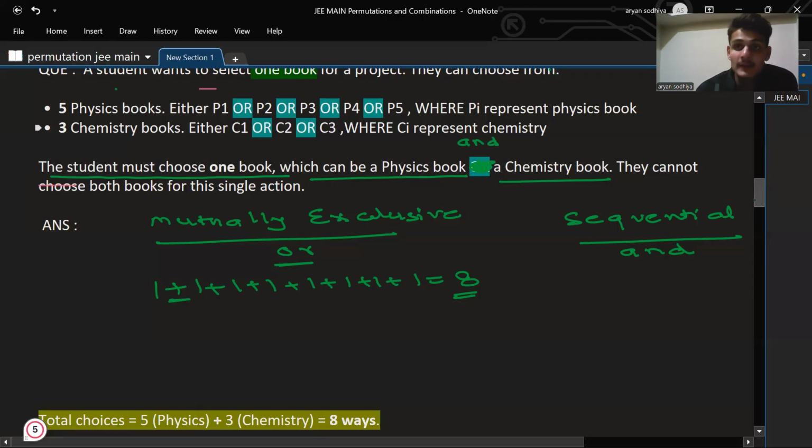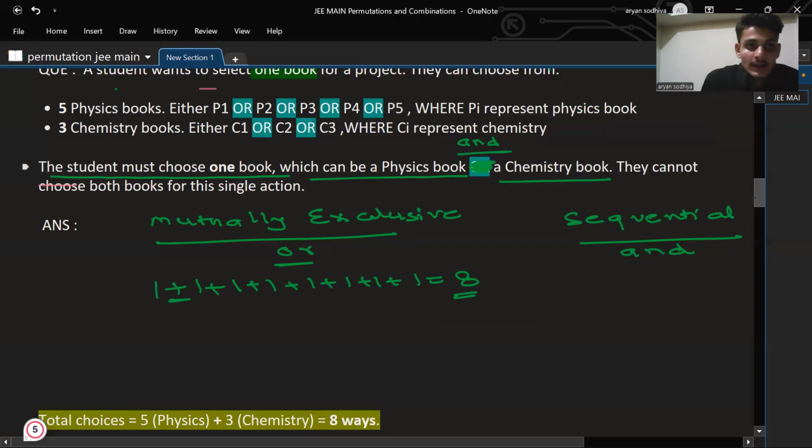JEE Main and Advanced majorly focus on question reading. If you read the question nicely, then you are on the right path. Otherwise, if you read the question inattentively, it's very difficult to get a score, because you have made a mistake at the first step, which is question reading. First step, read it.